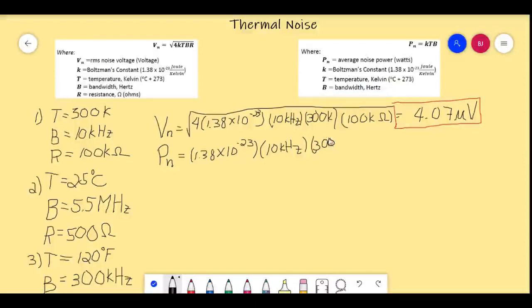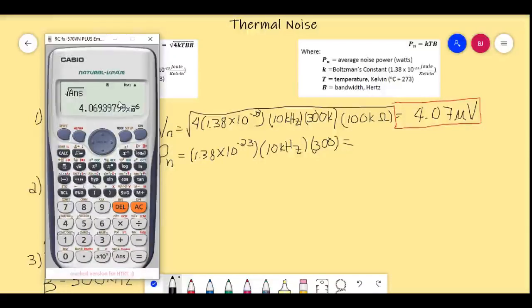So the only things missing would be the constant 4, the resistance, and the square root. So this is complete. This is k, temperature, and the bandwidth.